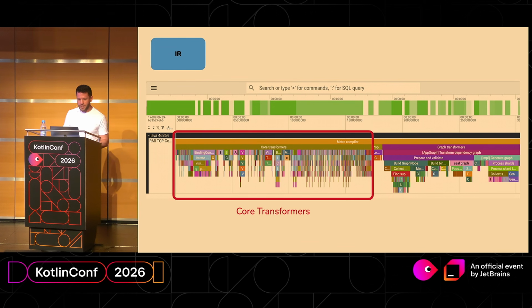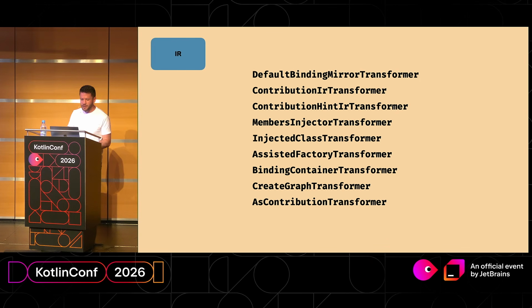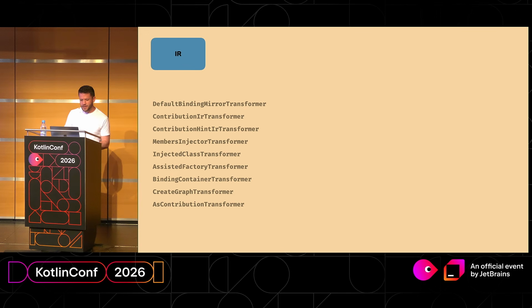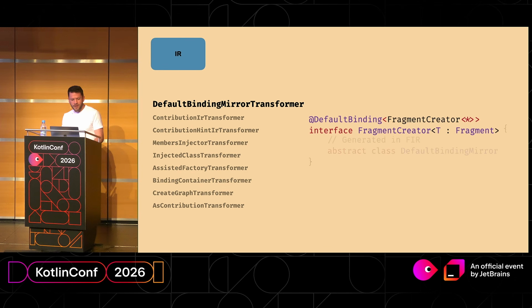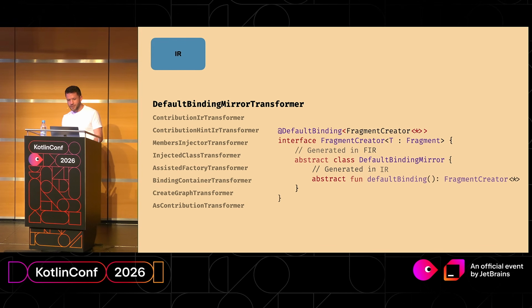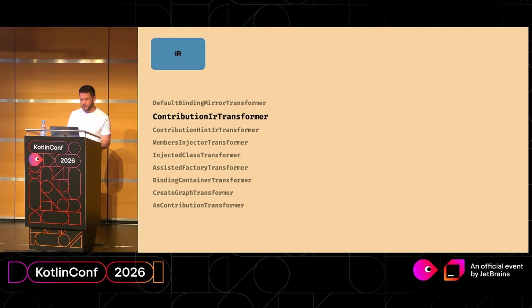First, in core transformers, there's a lot that run in here, but in short, this is fleshing out those classes that we stubbed in FIR. Default binding mirror transformer is a newer feature that we lifted from Dagger. It also requires some similar mirror support in here. FIR generates the class, IR comes through later and fills in the bodies, easy peasy. Next is contribution transformations.